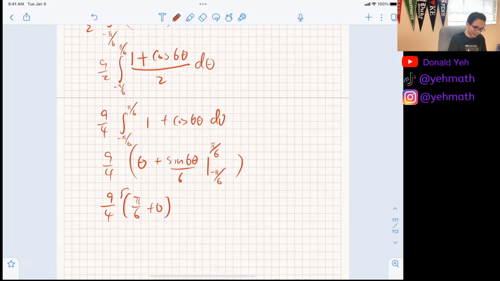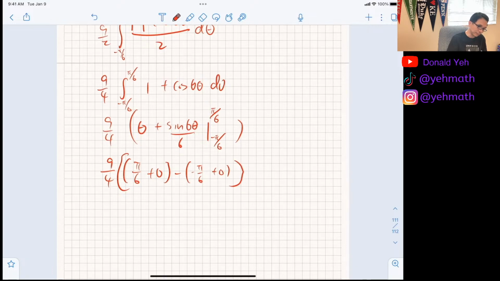Minus negative pi over 6, and then plus 0 again. So that's 2 pi over 6 times 9/4. So this is 18 pi over 24, which is 3 pi over 4, that's the answer I got yesterday.